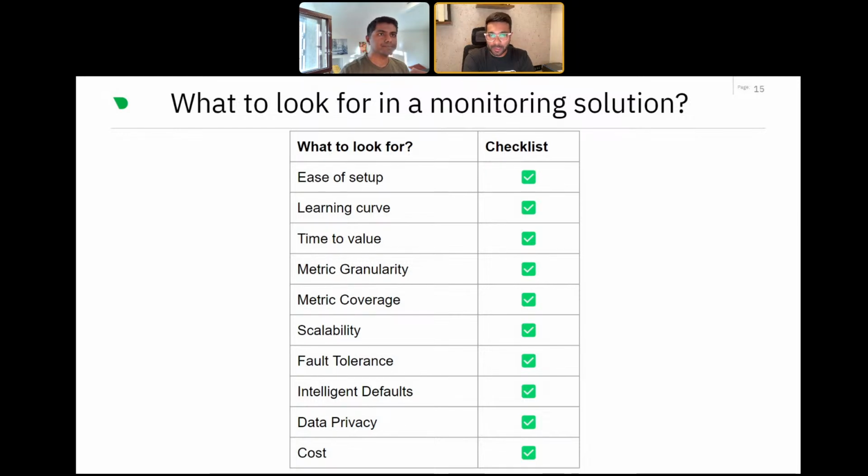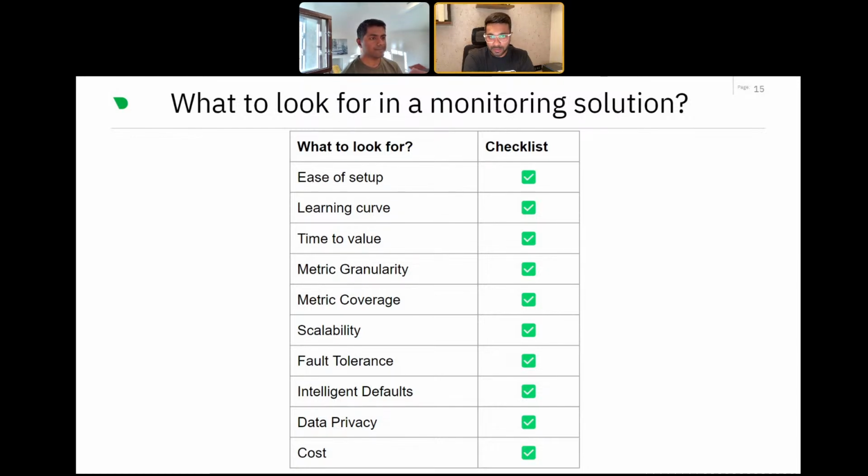Time to value: how quickly can you start monitoring and troubleshooting your issues? The metrics granularity: we're talking about real time, whether you need a real time monitoring solution, and I'm assuming the answer is yes, and whether the solution that you're looking at provides you real time monitoring.